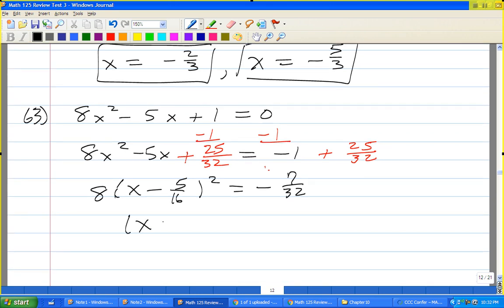So this is just x minus 15 over 16. Well, dividing by 8 is the same as multiplying 32 times 8, 256.